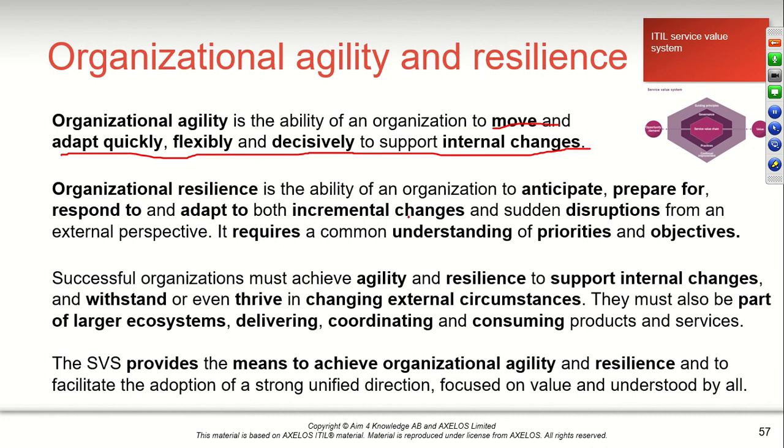And then resilience means an organization should anticipate, prepare for, respond to, and adapt to any incremental changes. They should be able to adapt to any sudden disruption from an external perspective. So, for external changes, an organization must prepare through resilience. For internal changes, an organization must prepare through organizational agility.